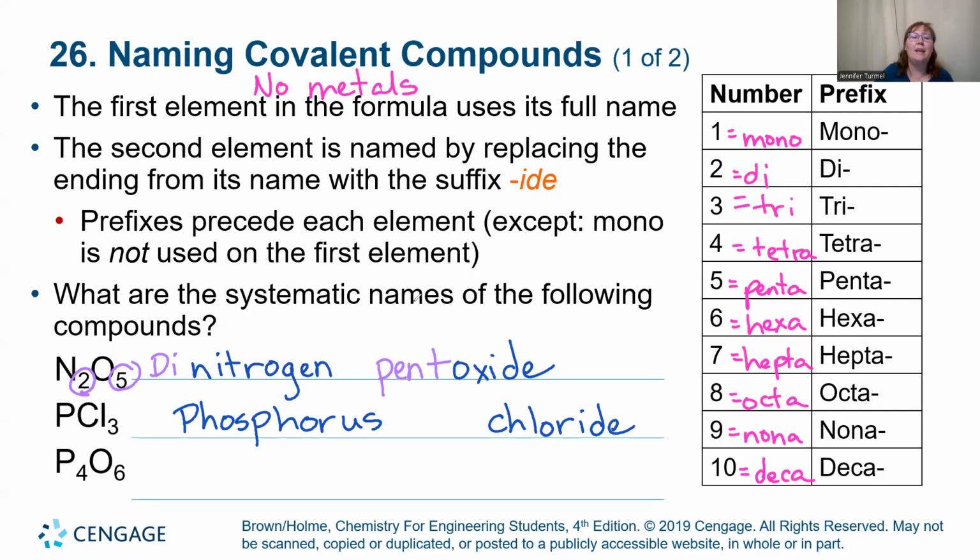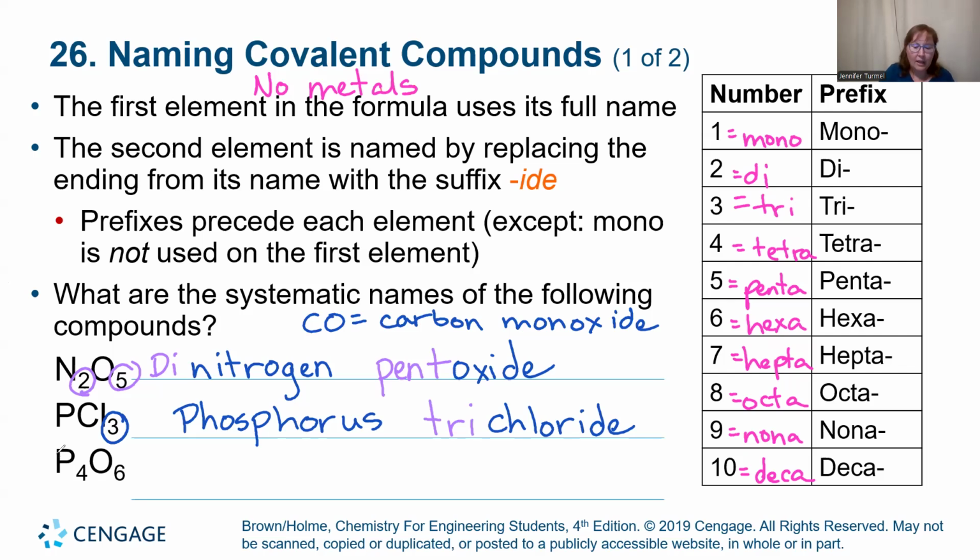You could use it later, like for example, CO becomes carbon monoxide. Now you see this 3 here on chlorine. Three is tri, so this becomes phosphorus trichloride.